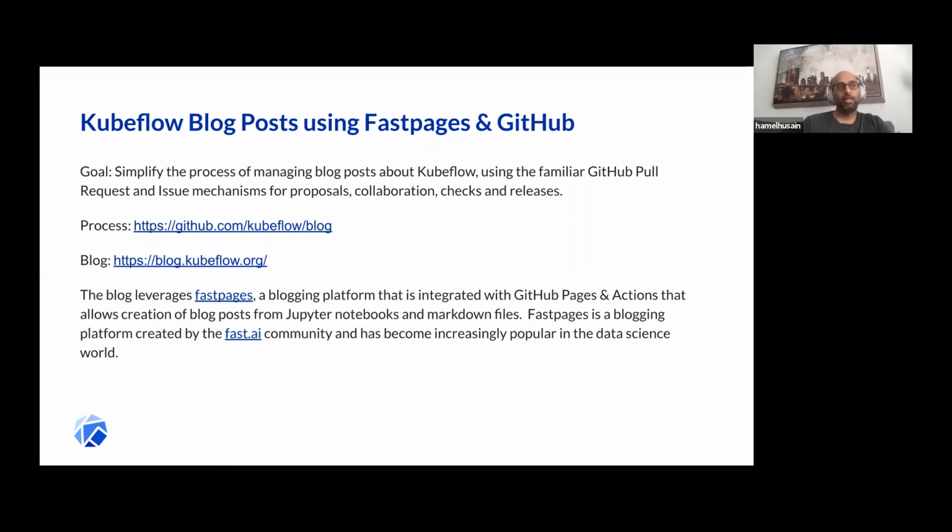It's very rich. It's been used a lot in the data science community, especially the FastAI community. We have a couple of blog posts that have launched recently from the Kubeflow community on this site. I encourage everybody to check it out, especially if you're interested in writing a blog post. I'll give it back to you, Josh.